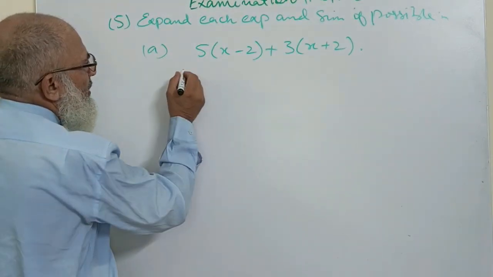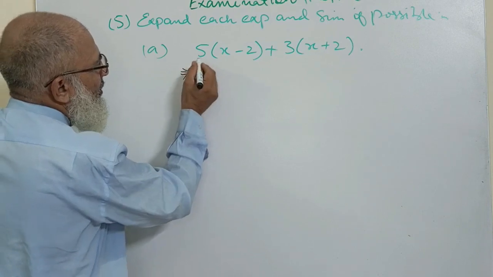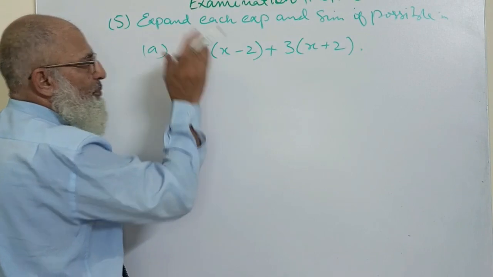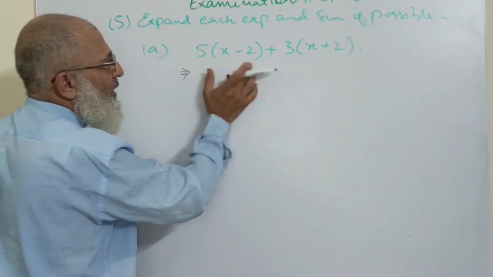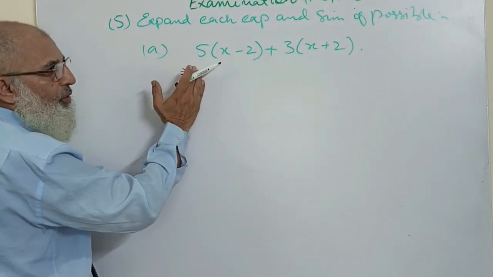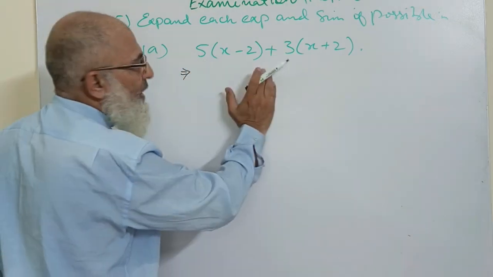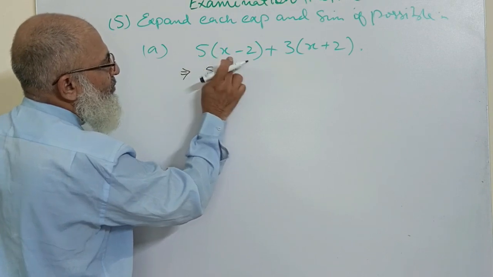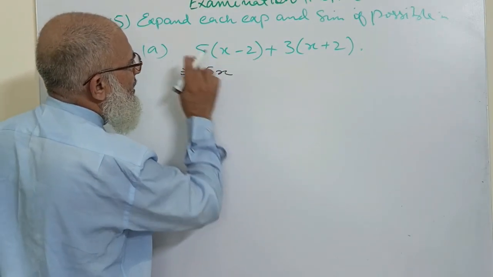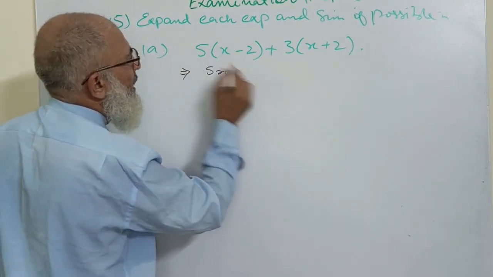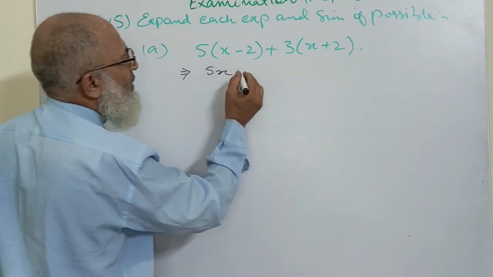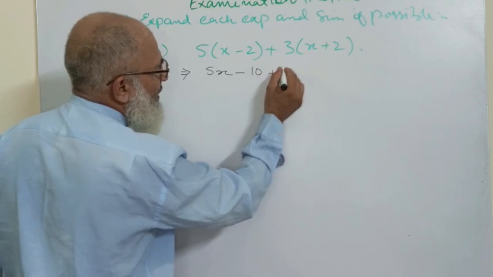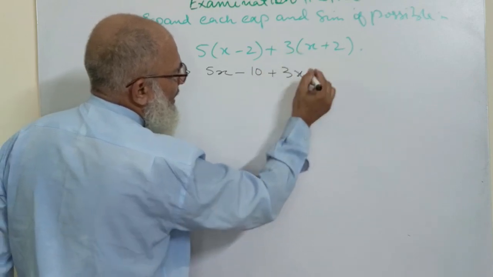Let me do it. Somewhere in the past, it must have been multiplied and then the common factor was taken out, so we'll multiply it again. 5 will multiply with x and with minus 2, and the sign will also multiply. So 5x minus 10, plus 3x plus 6.